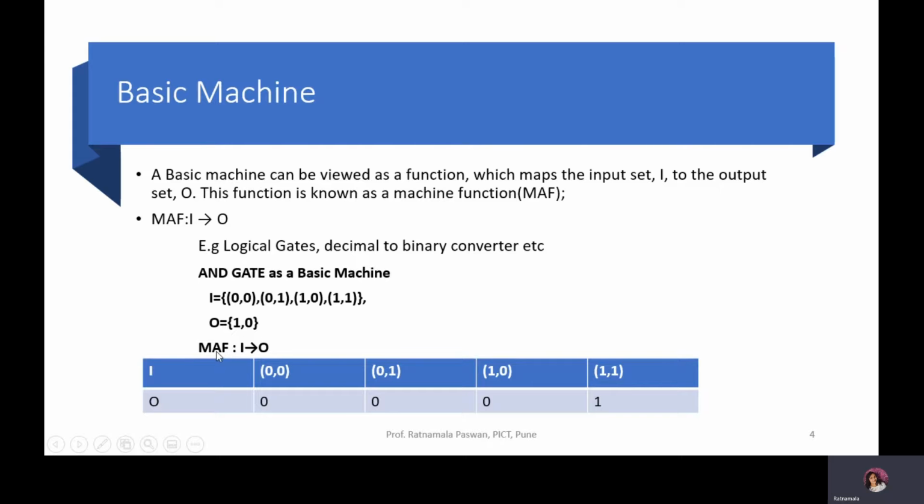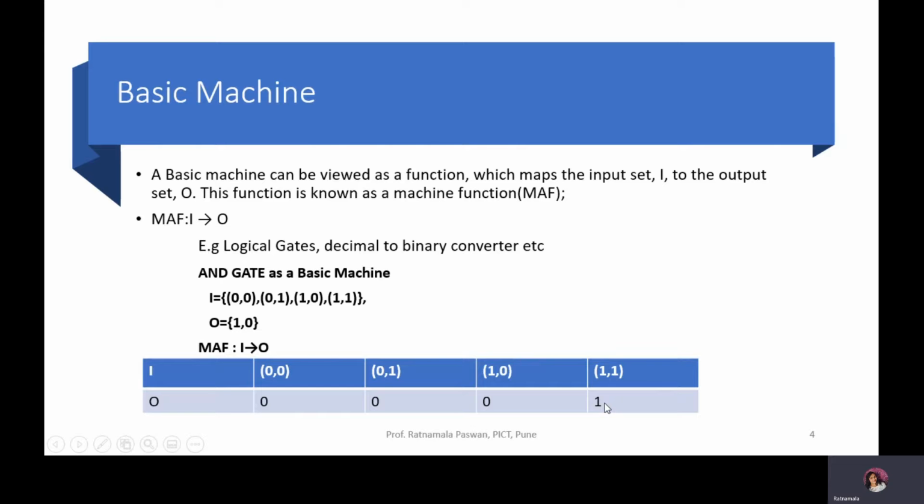So let us define the machine function for the AND gate which maps input set I to the output O, which is given by this tabular form. First row indicates input and second is output. You can just see here for the first three inputs 0, 0, 0, 1 and 1, 0, output is 0. And for input 1, 1, output is 1.